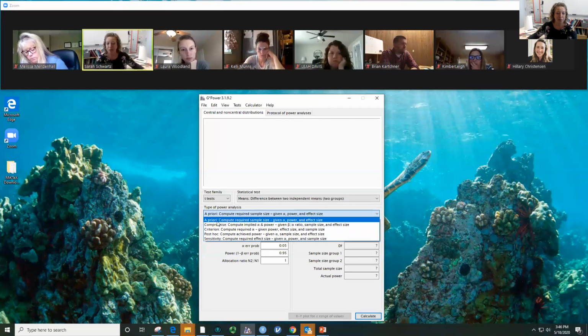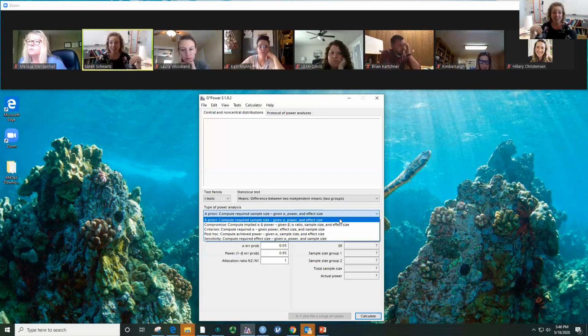The very top one is called a priori. This is where we compute the required sample size if we give it alpha, power, and effect size. This is the most common use of G-Power: before you do your study, a priori, you want to decide how big your sample should be.